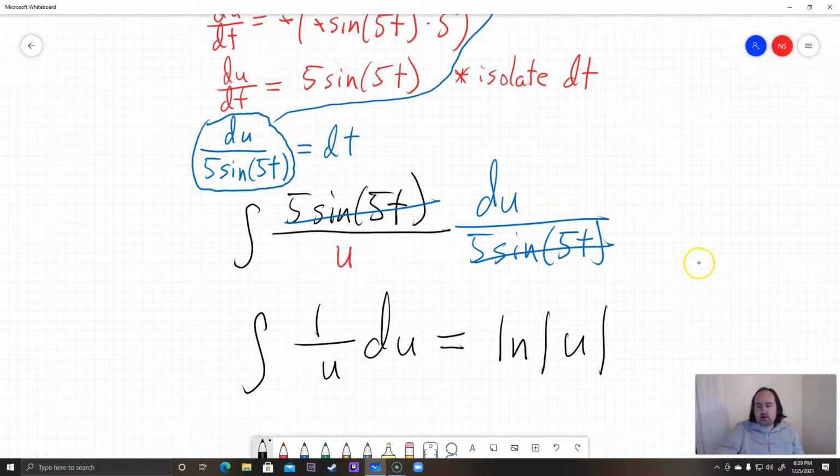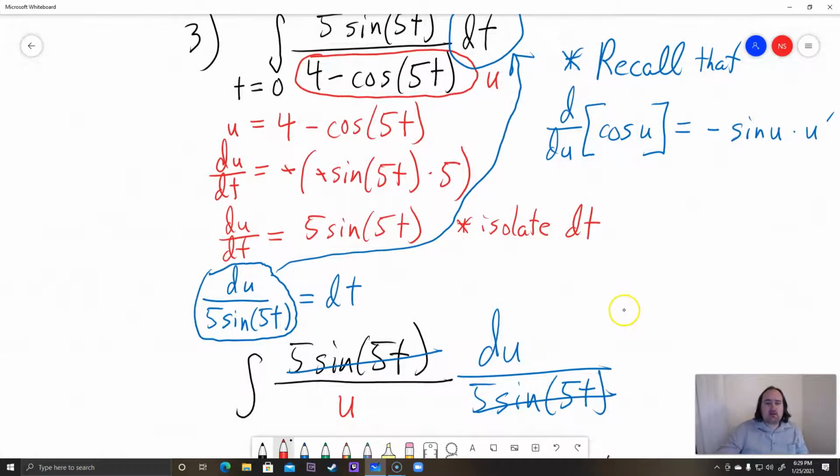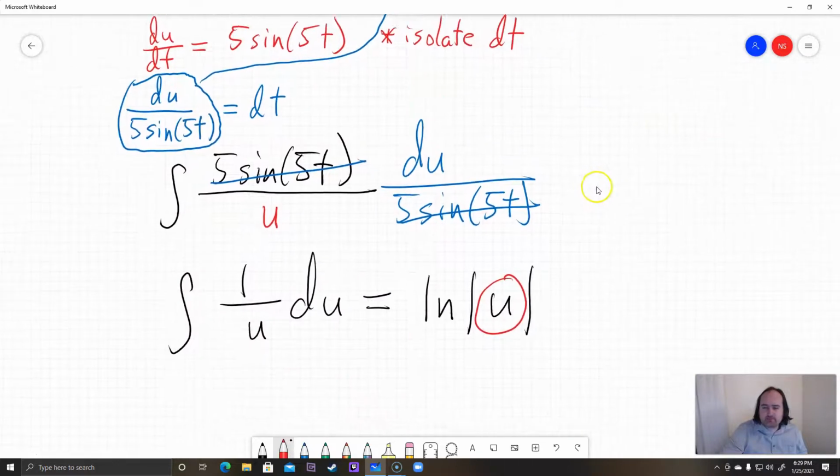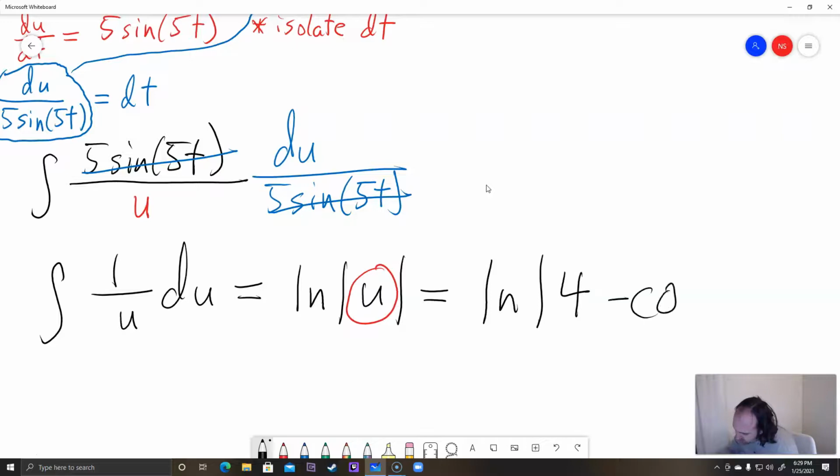So instead of writing ln of absolute value of u, we're going to go ahead and plug in what u is in terms of t. So we said that u was the same as 4 minus cosine of 5t. Okay? So we actually have ln of absolute value of 4 minus cosine of 5t.